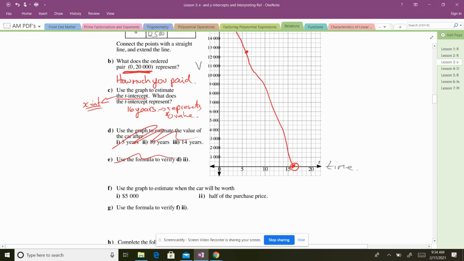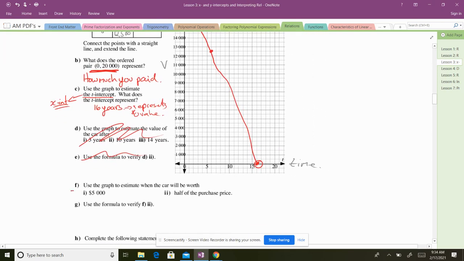Okay, when will the car be worth $5,000? This is F. So go to $5,000 on the value right there. Go across till you hit the graph, and then go down. No, my graph is not accurate at all.